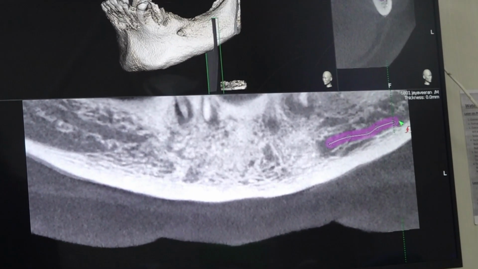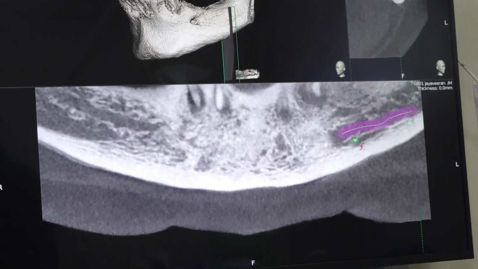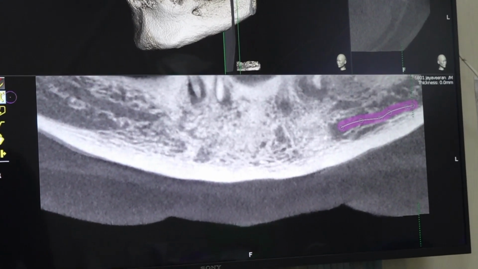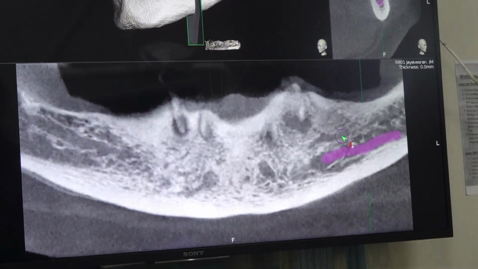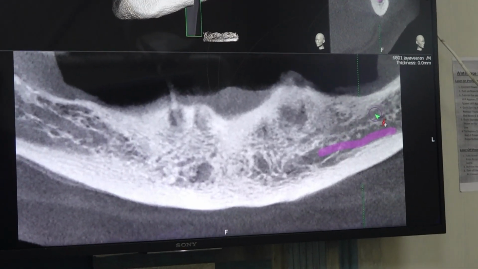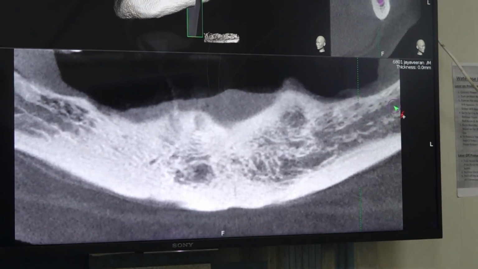I don't think it is a marrow space, no, which runs with a thin white line. And there is one more canal running here. Can you see? Here, from here.